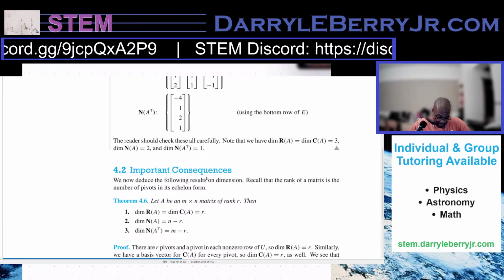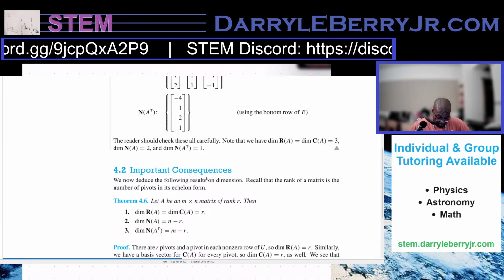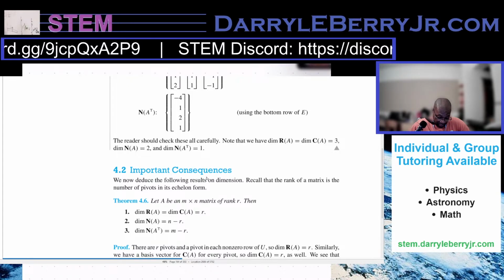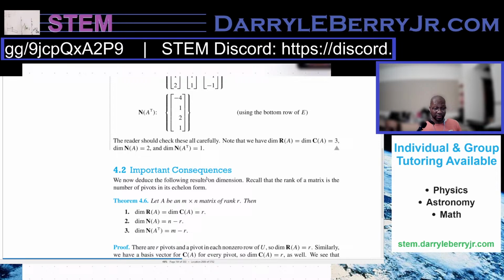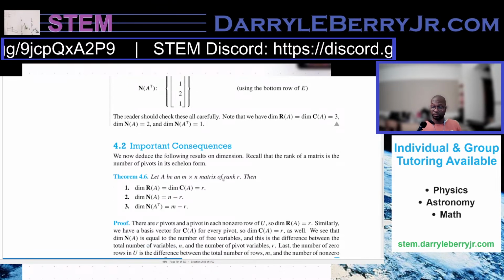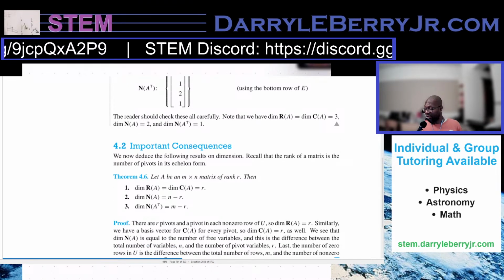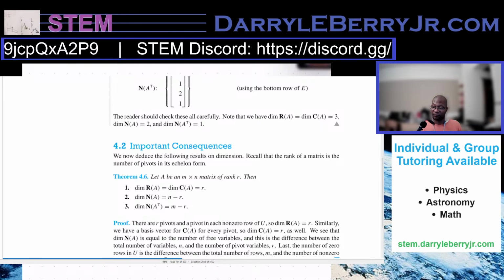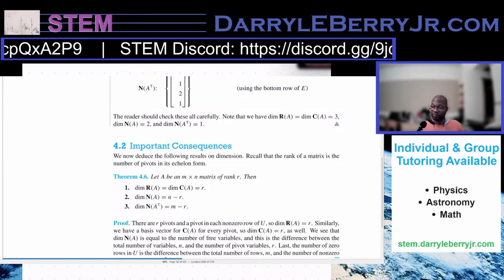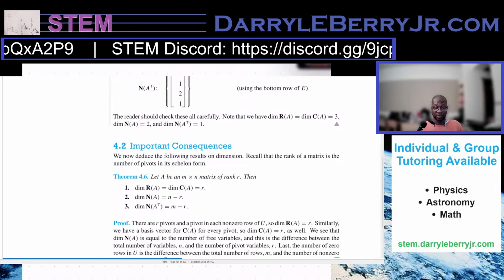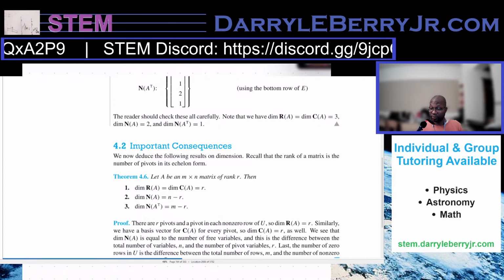But we know it's n minus r. So this seems to be true. So that was the four fundamental subspaces and confirming that theorem. So while we're here, let's see what else we can do.